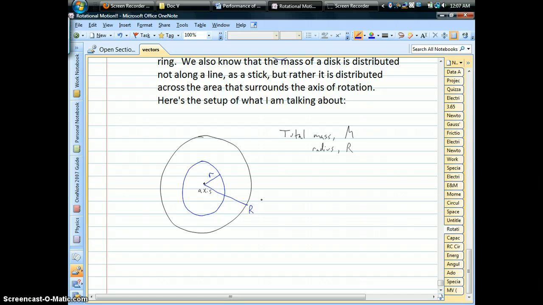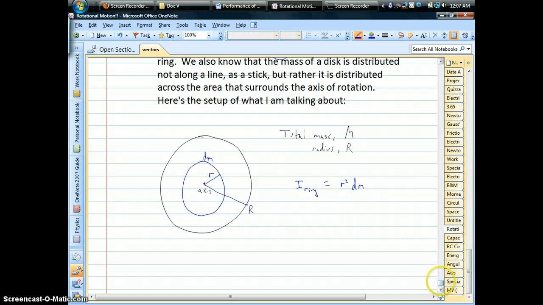Okay, so it's nice and symmetric, and we know for a ring the inertia is just all of the mass of the ring is the same distance away. So in this case, the mass of that thin ring is just dm, and so we could say something like r squared dm.